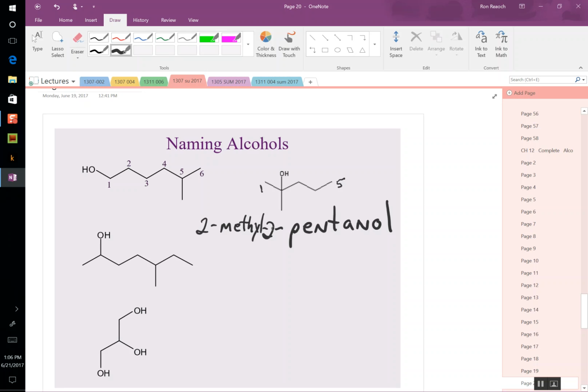Okay, how about this one here? And I've numbered the carbons. So its parent name is, let's see, I better plan ahead here.